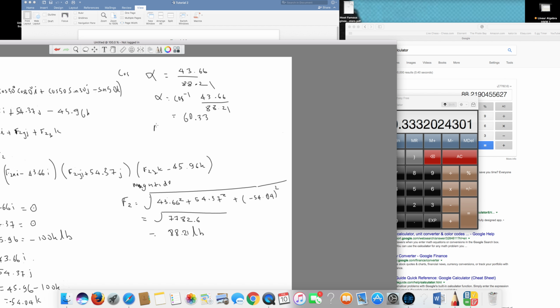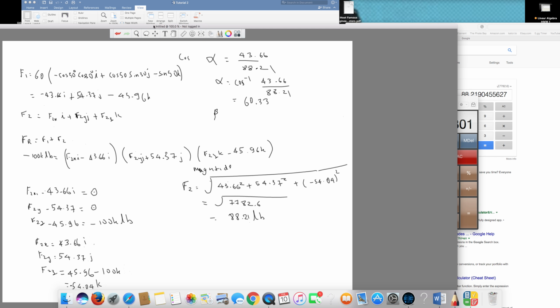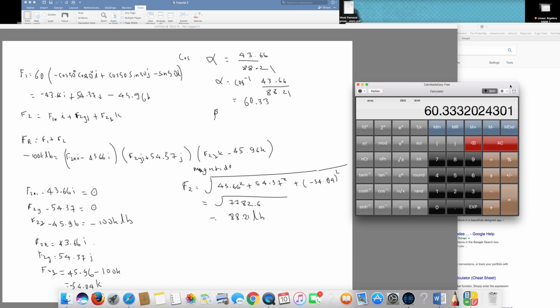And alpha, beta. So to find the beta, let's plug it directly instead of doing step by step. I'm just going to plug it directly and put the values right here. So this is 54.37. So cos inverse. First of all, I find the values. It's going to be F2 by F2, the y value is going to be my beta.